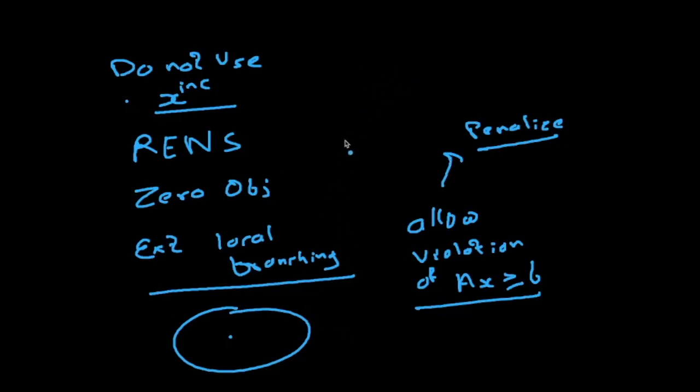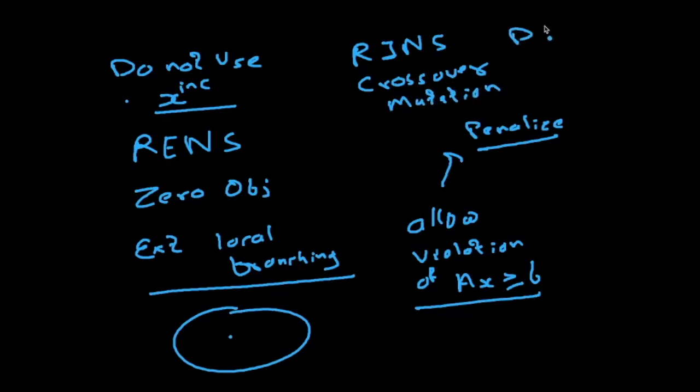So what all other heuristics did we discuss? We discussed RINS, crossover, mutation, DINS, local branching, zero objective, all those things. So this is a nice overview of all the LNS based heuristics.